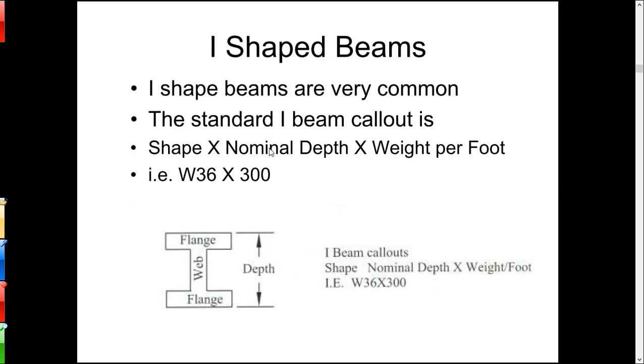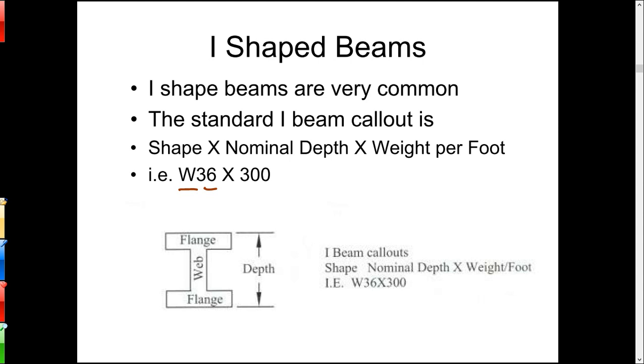Now, I-beams have callouts on them. The callout starts with a letter that indicates what type of beam it is. The next number is the depth. That's a nominal depth, which means it's not an exact measurement. It's an approximate measurement used to describe a category. So W36s are I-beams that are about 36 inches deep.